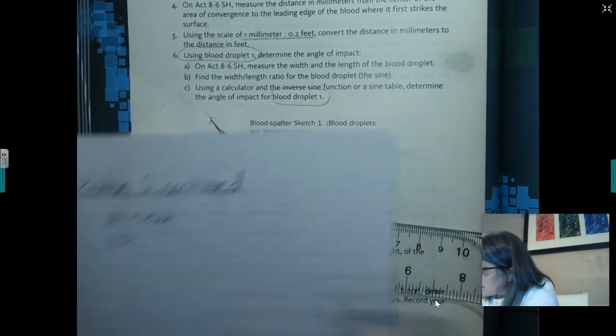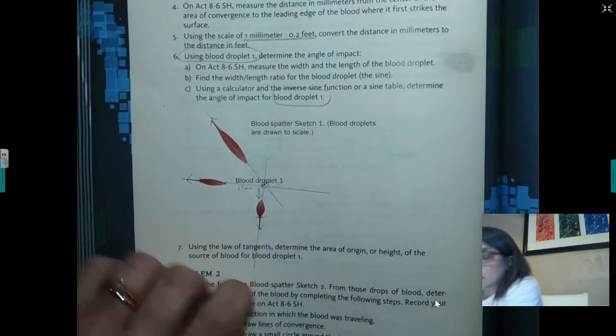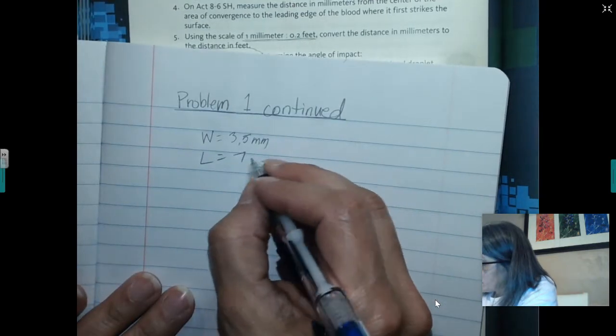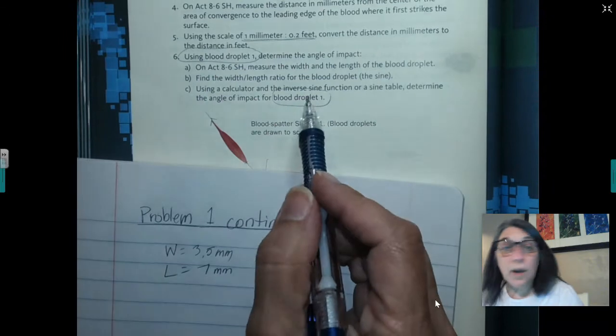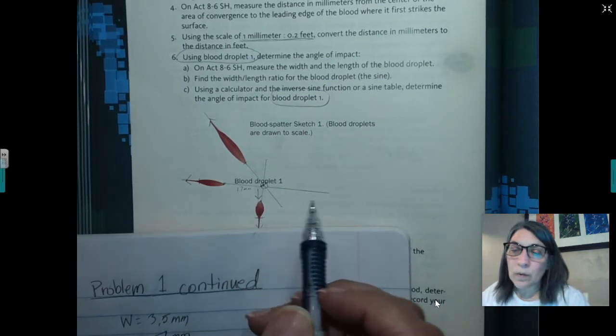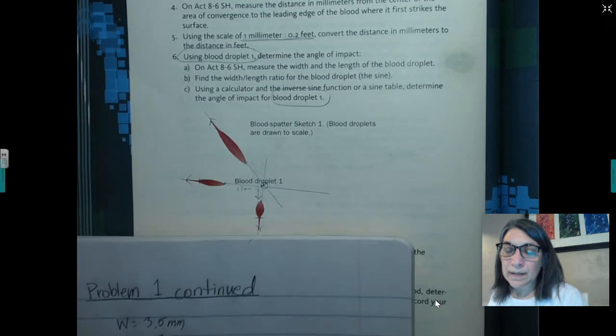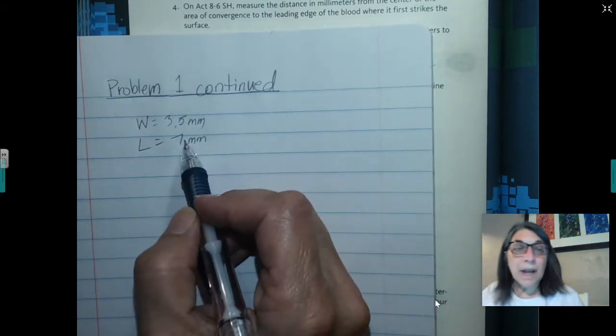And then my length, when I measure from the edge of the blood droplet to there, is about 7 millimeters. Okay. So I don't know why they said to use blood droplet number 1, which they did for the distance, but then they used this one. We're going to just do that on the example because I want us to all come up with the same numbers. So we've got 3.5 by 7 millimeters.